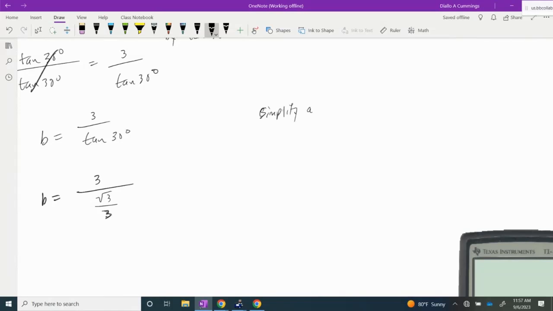To simplify a complex fraction, A over B all over C over D is equal to A times D over B times C.